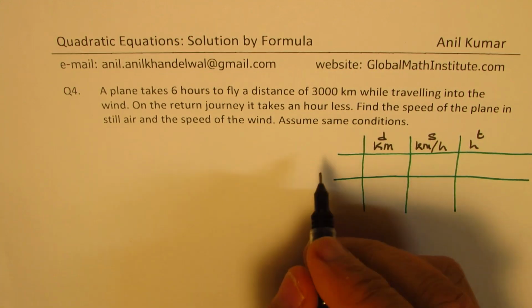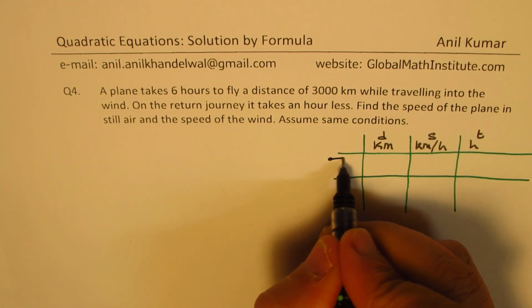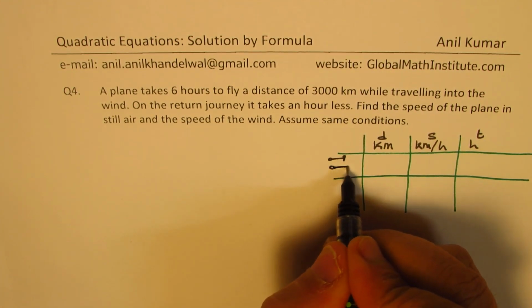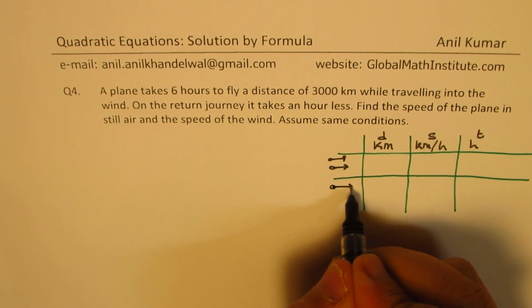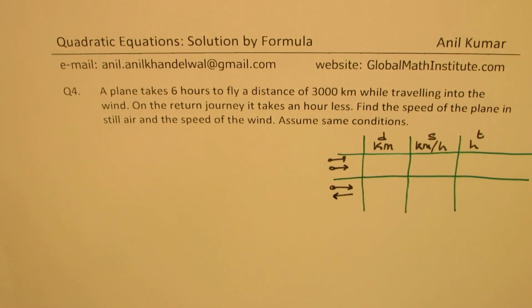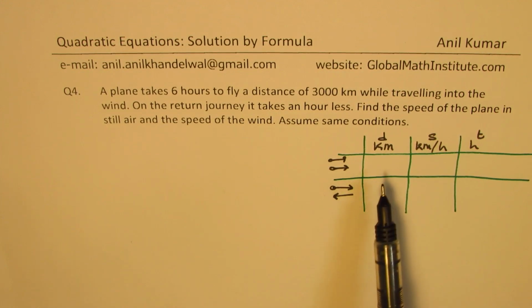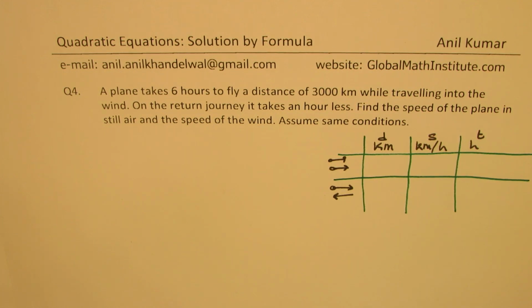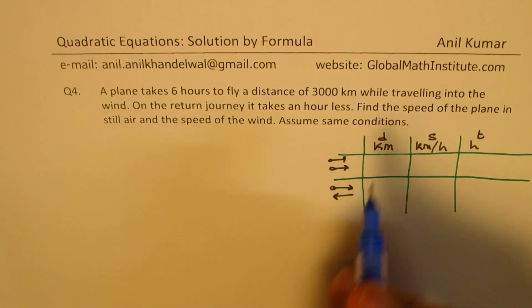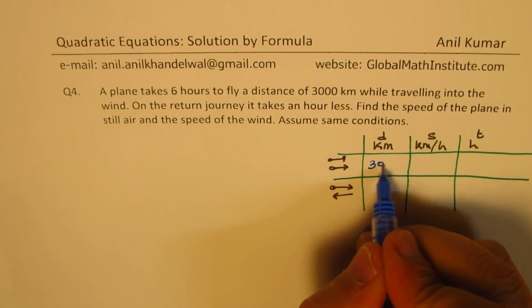In one, the plane and wind are in the same direction. The other one, they are in the opposite direction. When they are in the same direction, time taken will be lesser. When they are in the opposite direction, time taken will be more. Well, in both the cases, distance is 3,000.